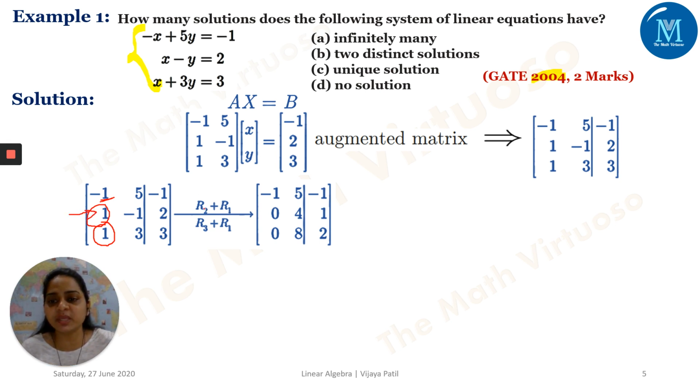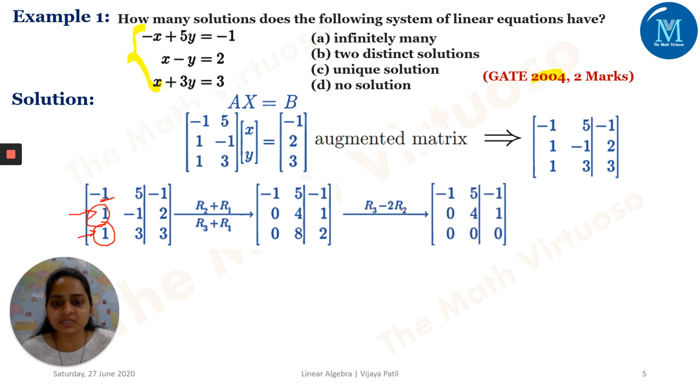So the transformation would be R2 plus R1, and the third row would give me 0 with the transformation R3 plus R1. After making this transformation, I'll be getting the elements minus 1, 5, minus 1, 0, 4, 1, 0, 8, 2, right? But still, it is not an echelon form. So it's R3 minus 2 times R2.